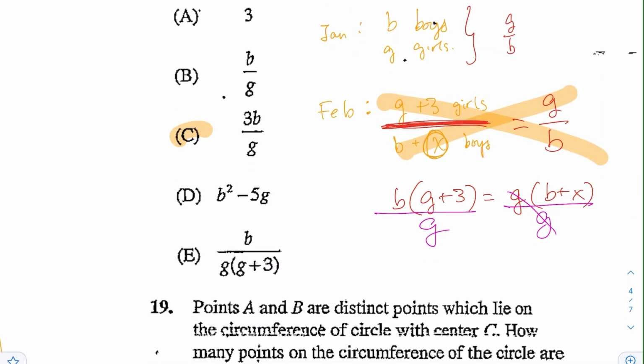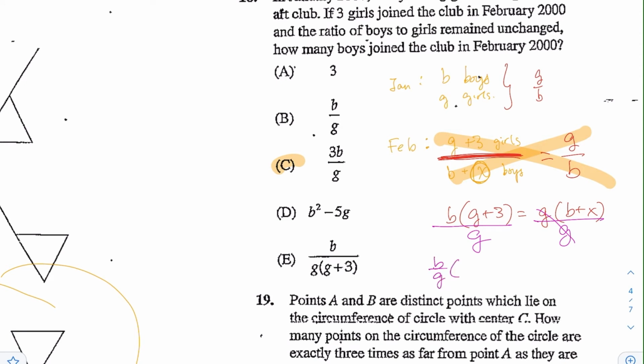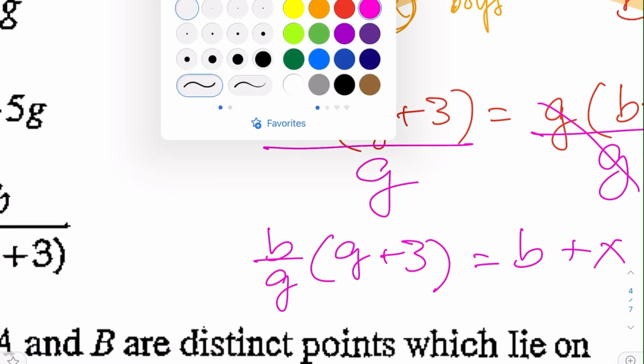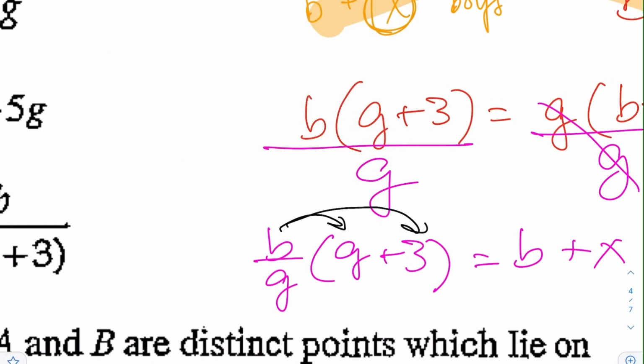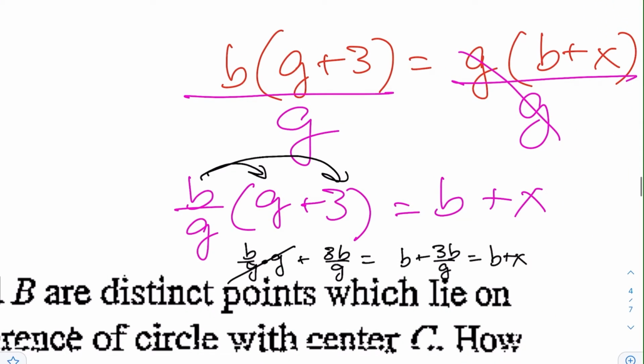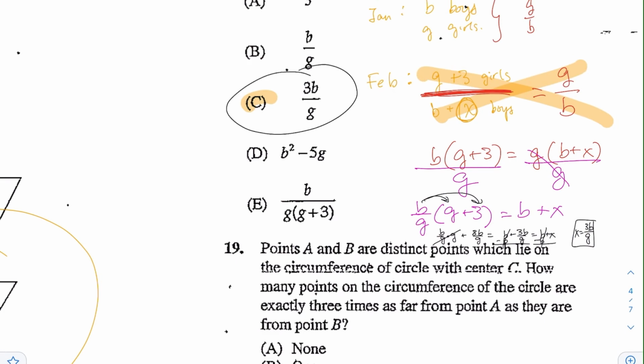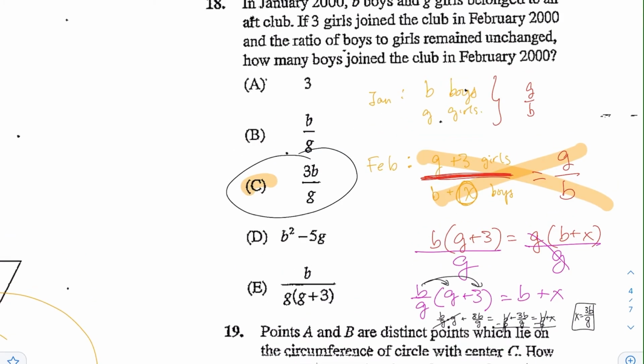That gives you B over G times G plus 3 is equal to B plus X. Here you can first distribute, and that gives you B over G times G plus 3B over G. Now, the G's can cancel out, so that gives you B plus 3B over G, and that's equal to B plus X. Then if you subtract B from both sides, you get that X is equal to 3B over G, and that corresponds with choice C. The other way to do this is to pick random numbers for B and G, and you could do that to check your work, then substitute back into all the choices to make sure you get the correct answer.